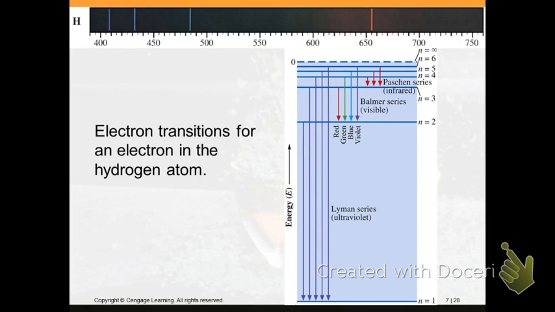All right, so we want to predict the emission wavelength that results when an electron goes from n equals 3 to n equals 2.